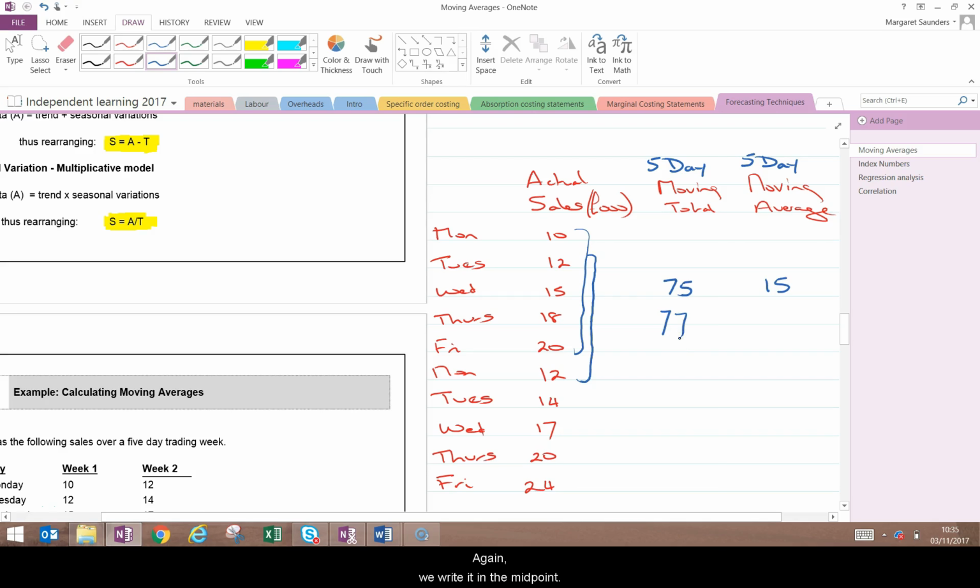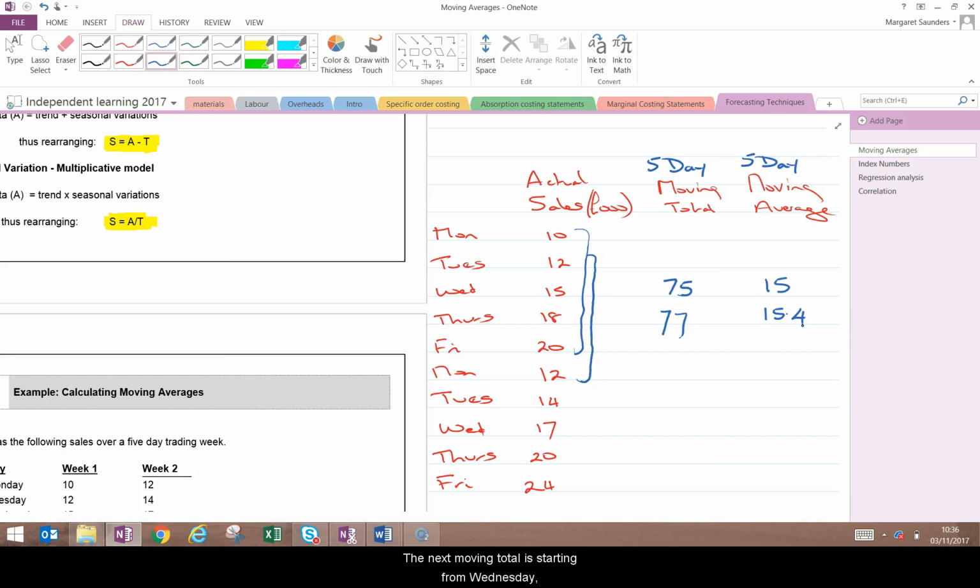And again, we write it in the midpoint. So the midpoint between Tuesday and Monday is Thursday. The moving average is 77 divided by 5. That gives us 15.4. And that is how we continue.